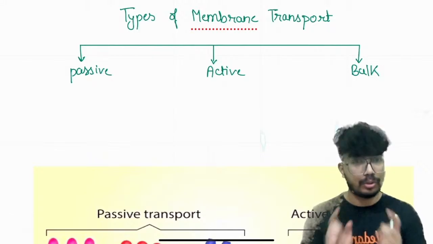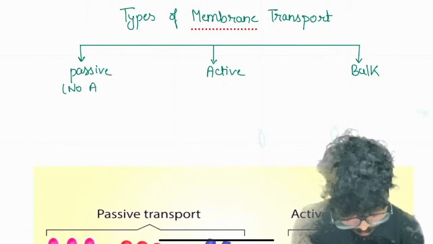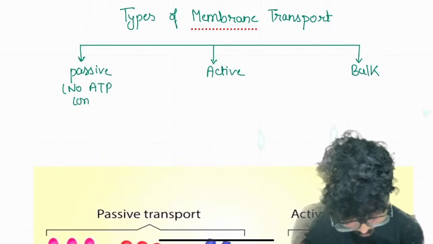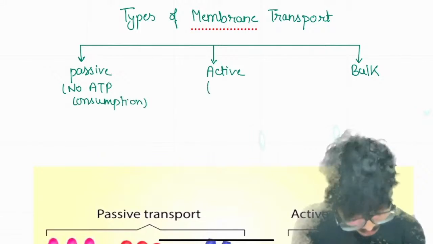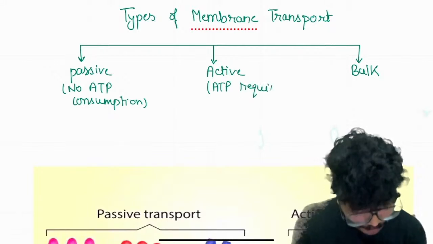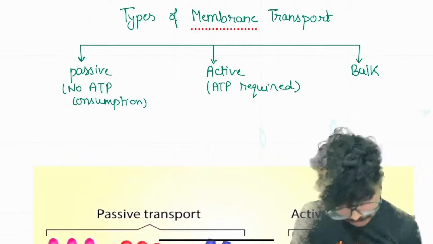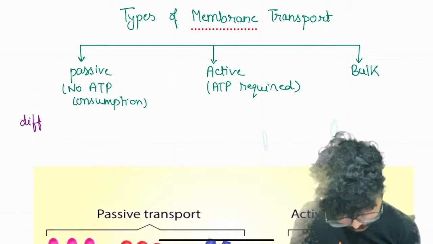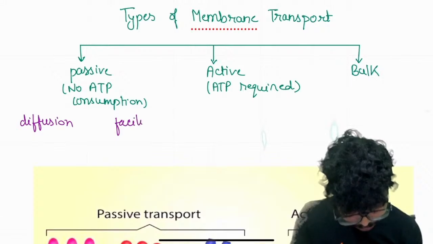Passive shows there is going to be no expenditure of energy, so no ATP consumption. For active, ATP is required. For bulk transport, it occurs in bulk. So for passive, it is diffusion and facilitated diffusion.